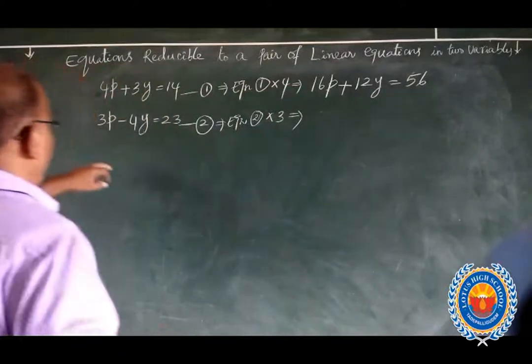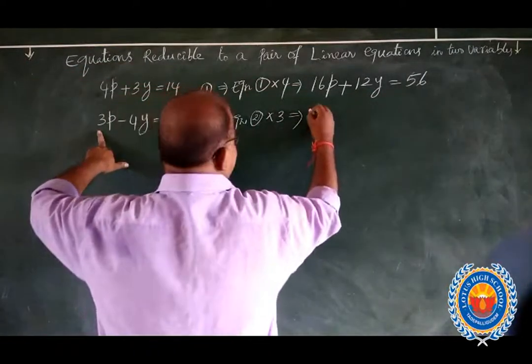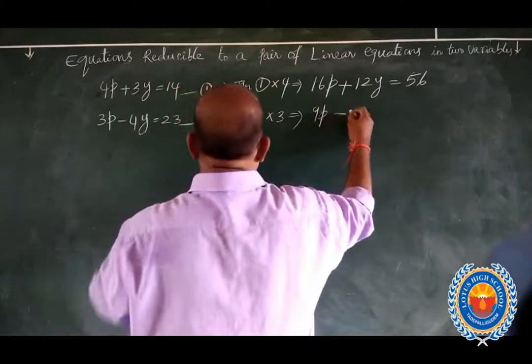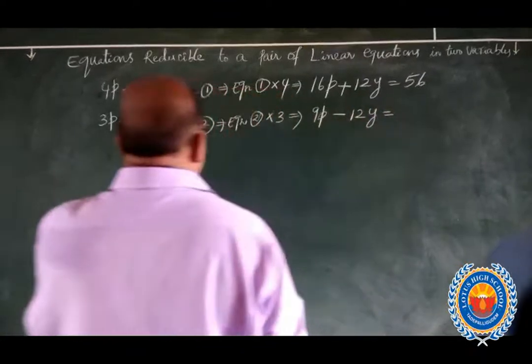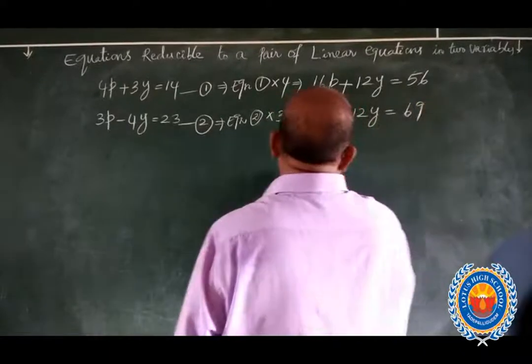So here 3p into 3, 3 3s are 9p minus 4 into 3, 12y is equal to 23 into 3, 69.